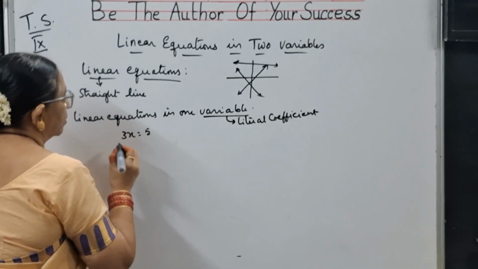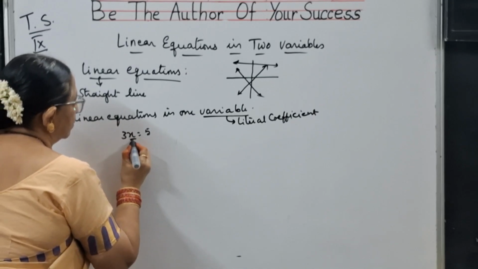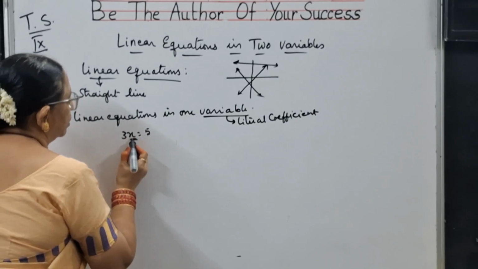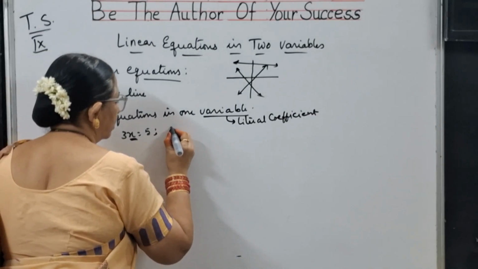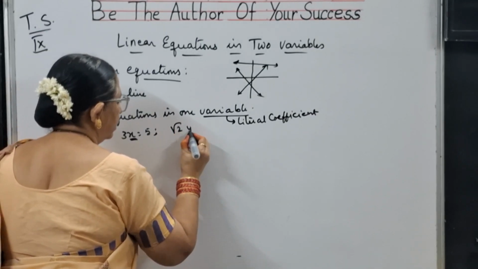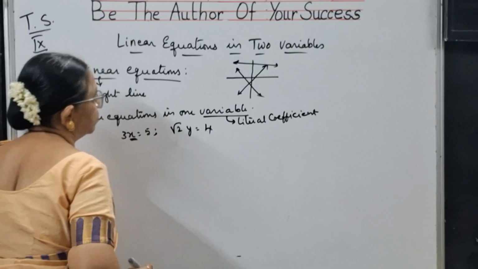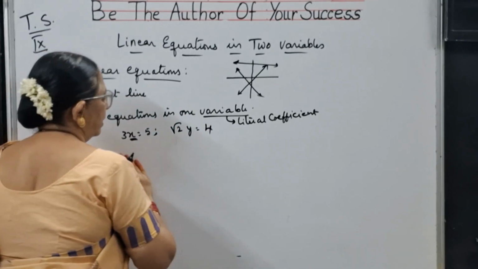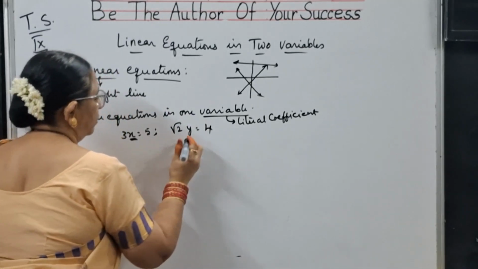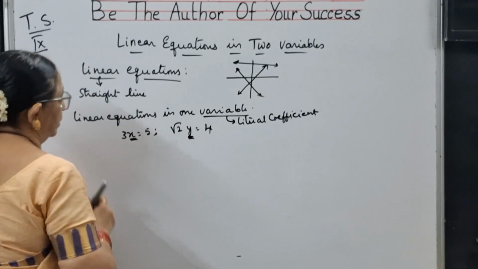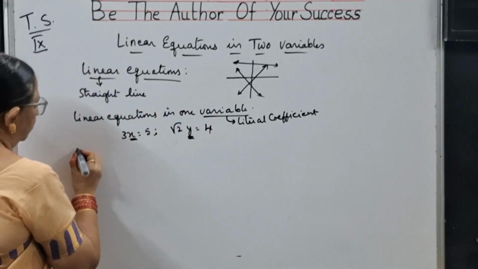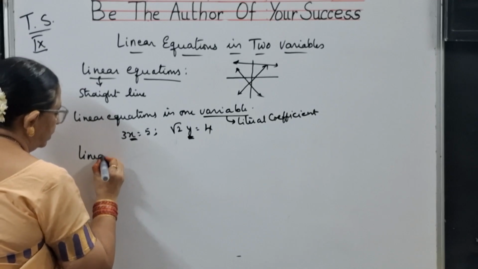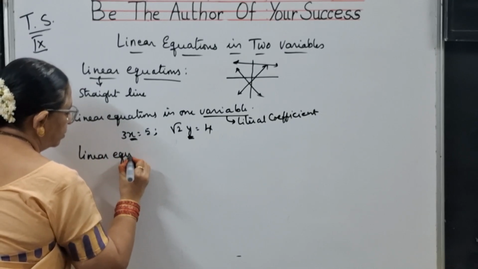This is the variable, so you have got only one variable. Otherwise you can even take root 2 y = 4. Anything when you are taking, if you have only one variable in it, we call it linear equations in one variable.